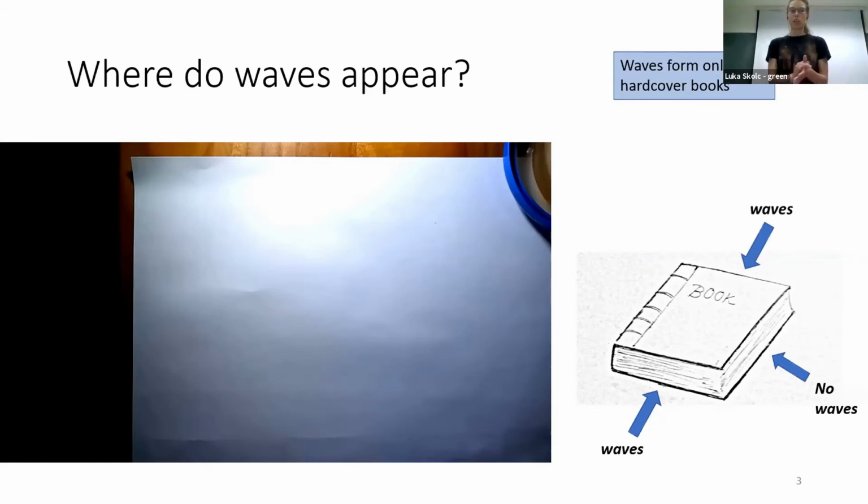Yes, it is true that waves are smaller in inner parts of the book, because normally pages get wet more at outer edges than at inner parts. So yes, in this case, yes.